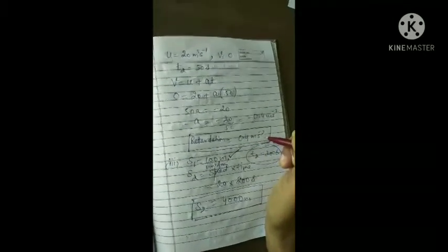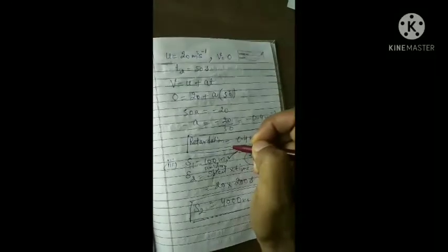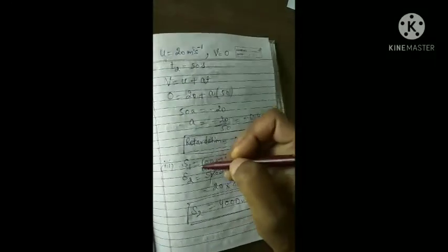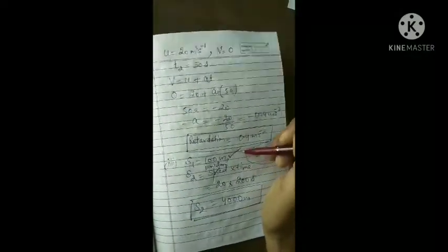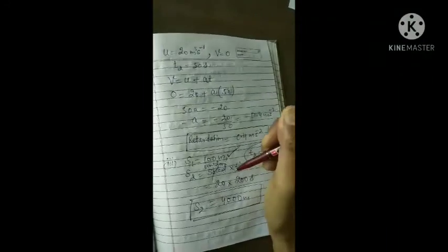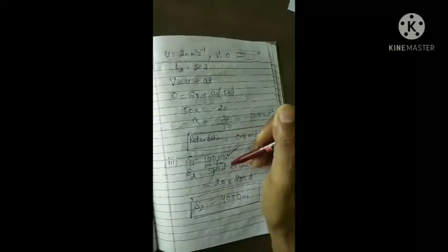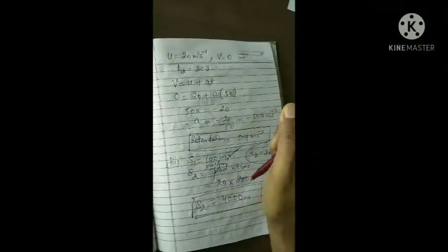Now the total distance we have to find. So S1 is equal to 100 meter, that we have done here. Now S2 is uniform speed into time, and for how much time was the train moving at the uniform speed, that is 20 into 200, so that is 4000 meter.